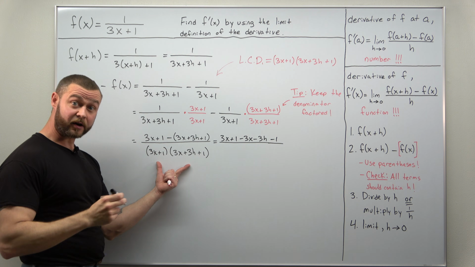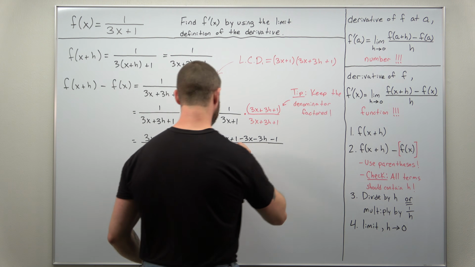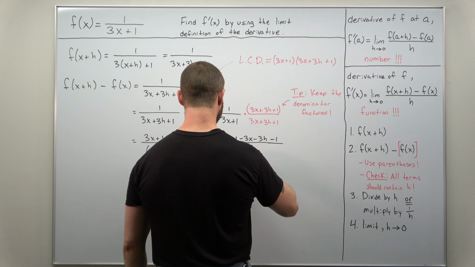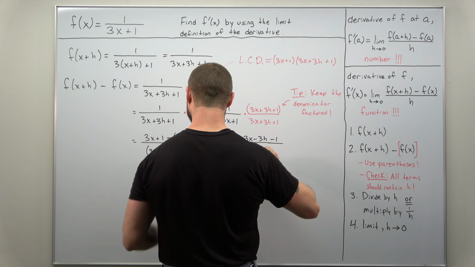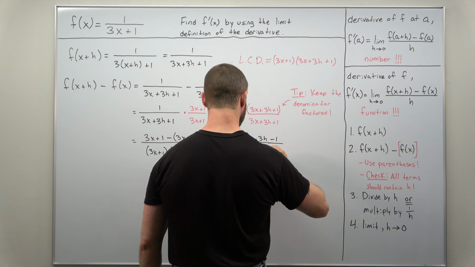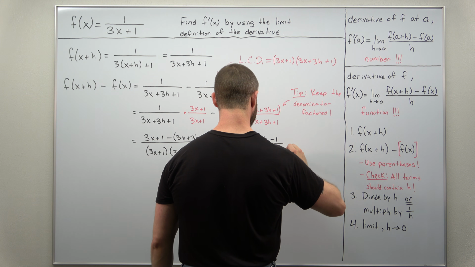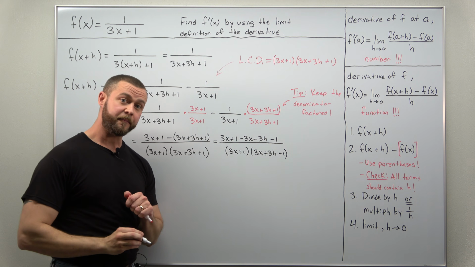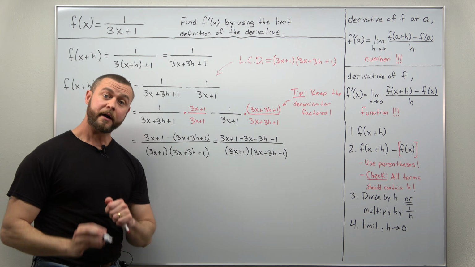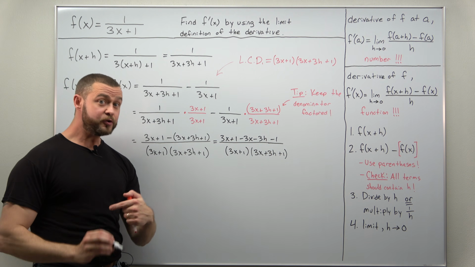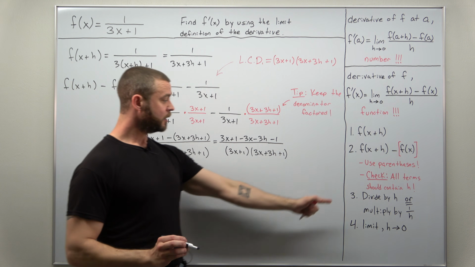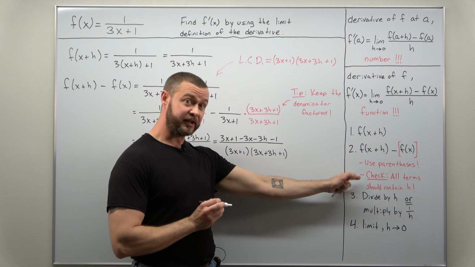And again, we're keeping our denominator factored. So 3x plus 1 times 3x plus 3h plus 1. All right, and what you should find now is once you fully simplify this, your consistency check kicks in.